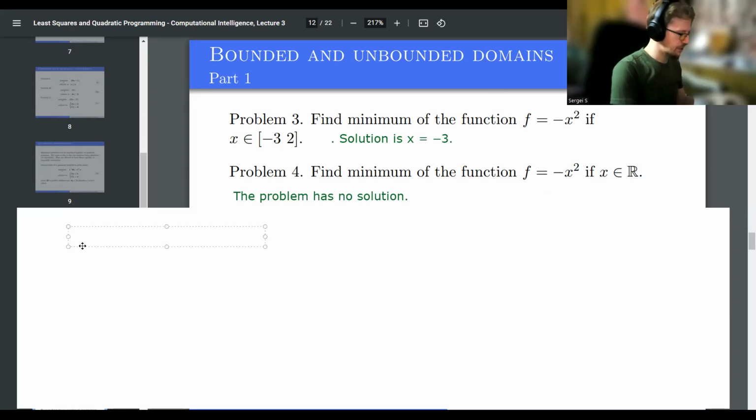Let's say x solution is... I wonder how we should write it. Maybe in a graphical way it would actually be better.